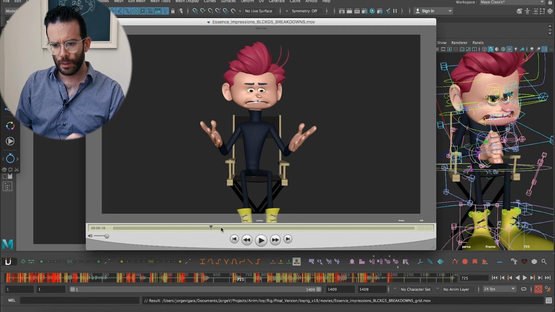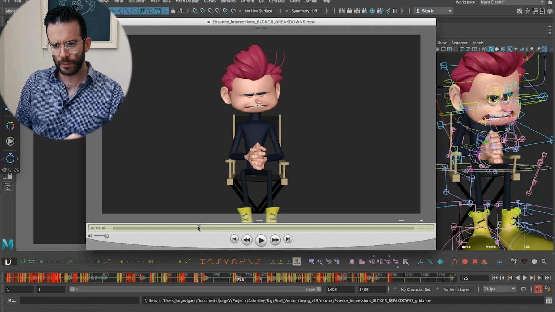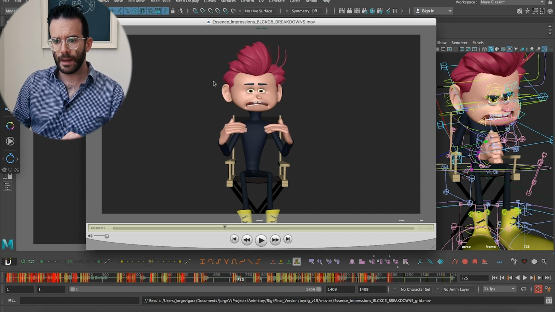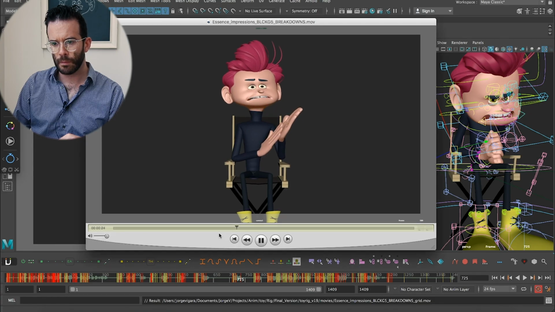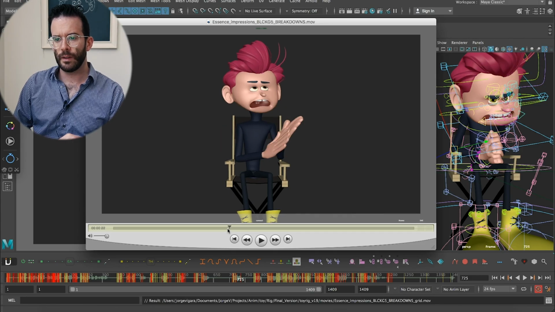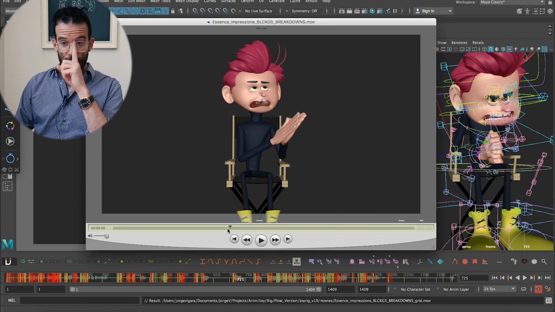When the character is just, if we look at the eyes, okay, let's look at the pupils, how the pupils are going in this movement that we have here, and how he is going from thinking, just with the pupils.